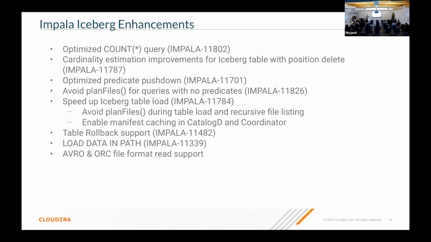When we do the anti-join, the plan was doubling the cardinality, thinking that both sides were the size of the base table, and that was incorrect. So that was more of a bug fix.